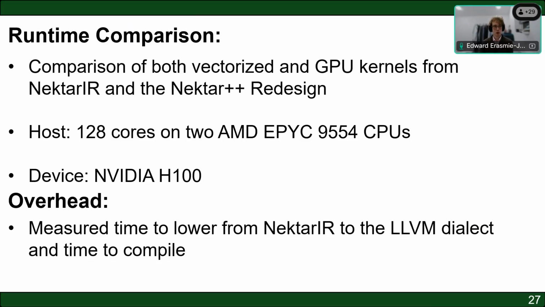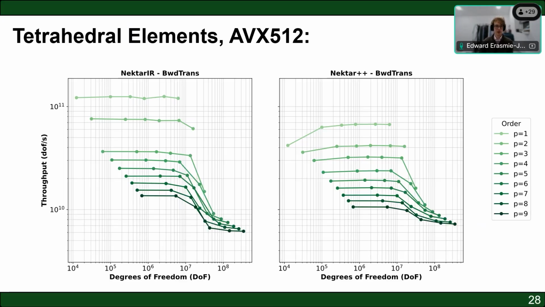So we start with some tetrahedral elements with the backward transform. On the y-axis, you have the throughput, so the degrees of freedom per second, and on the x-axis, you have the degrees of freedom for increasing polynomial orders from P1 to 9. The left figure shows the NektarIR performance, and the right one shows the Nektar++.